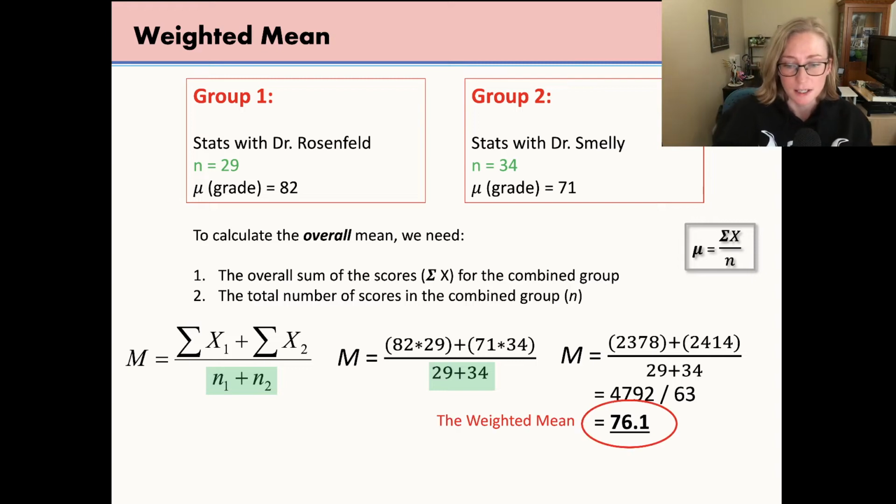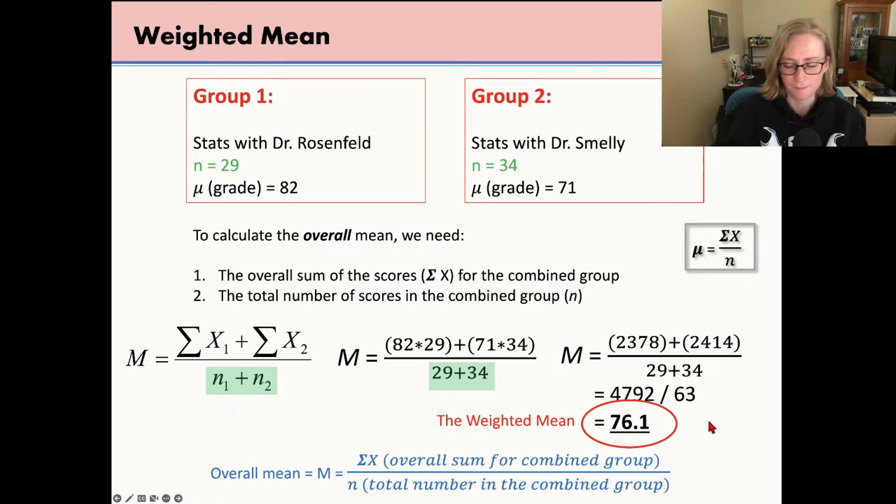So 76 is the weighted mean of both of these groups together. Separately, stats with me, overall grade 82, stats with Dr. Smelly, it's going to be 71. If we combine both of those together, all of the students, their weighted average between the 2 classes is 76. And here I'm just writing it out again.